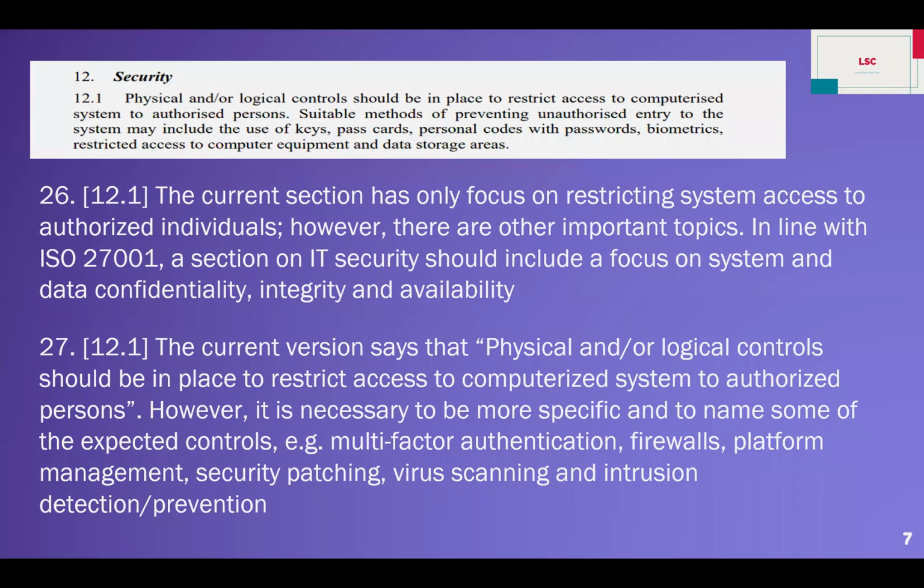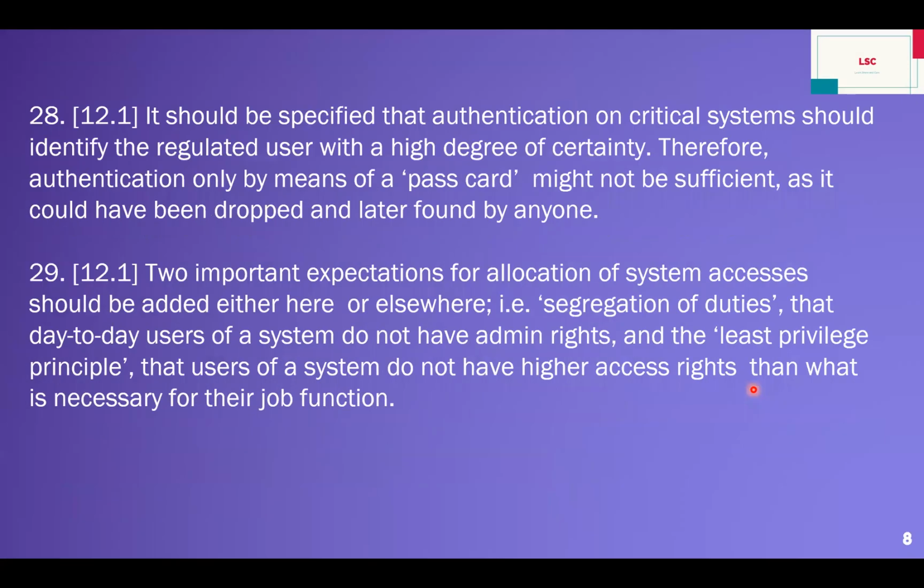Now 12.1. It should be specified that authentication on critical systems should identify the regulated user with a high degree of certainty.